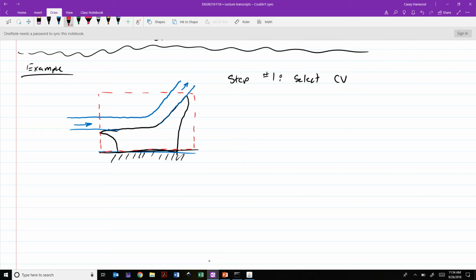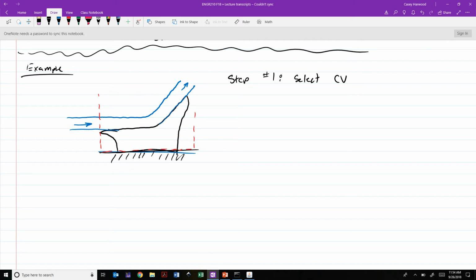The second thing that comes into play when selecting control volumes is thinking about the equation we're going to be solving in a second. We've got that V dot n term. Dot products like that are usually easiest when the normal vector is parallel to the velocity, whether it's in the same direction or in opposing directions. So the best choice of control volume here is one that has the fluid crossing the control surface at right angles, anywhere that it goes in or out.